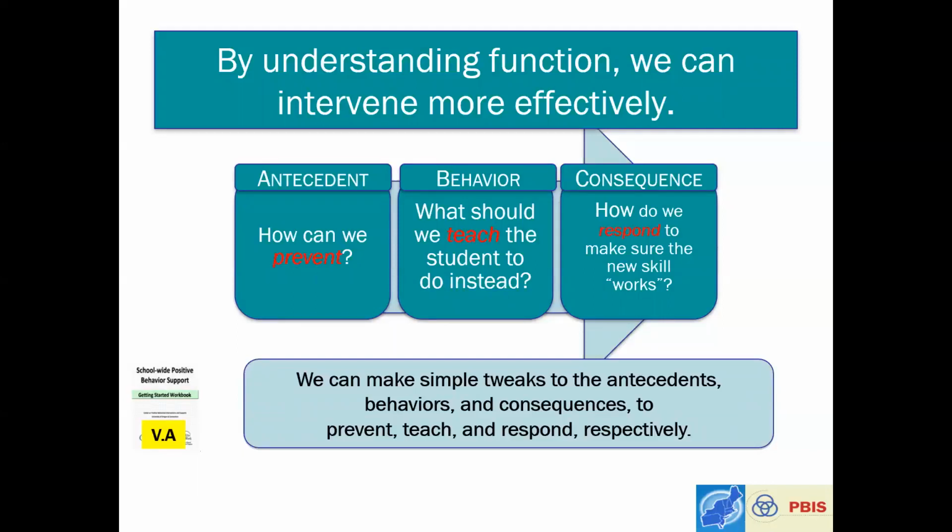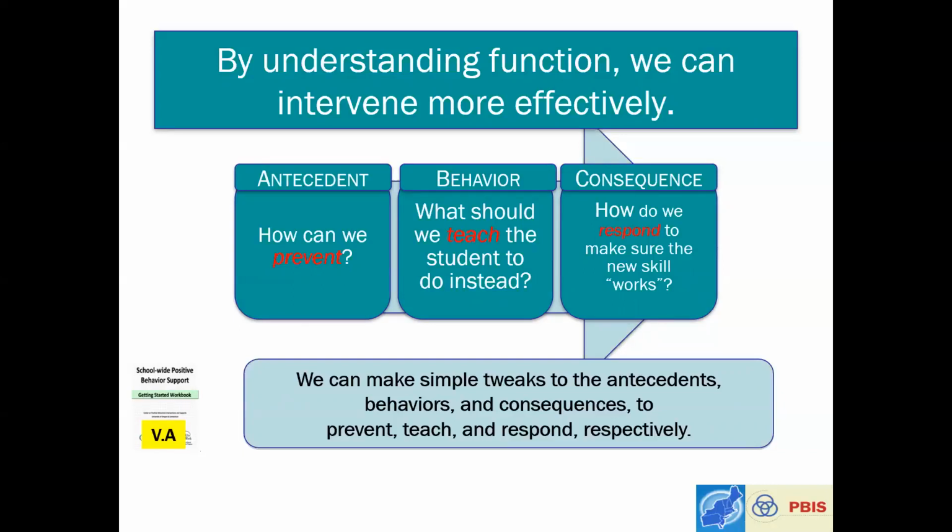Lastly, we presented a visual to consider how to make better decisions about adjusting the environment or intervening to reduce the likelihood of that problem behavior happening based on the function of behavior. Consider antecedent changes as those things that can be done to prevent the behavior from happening.